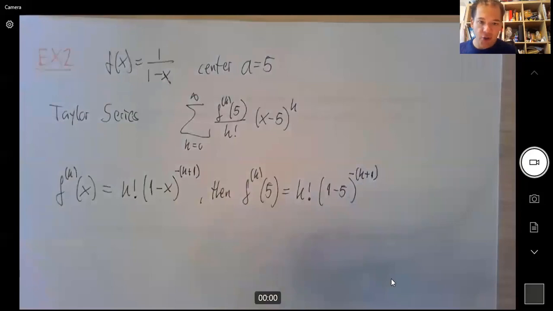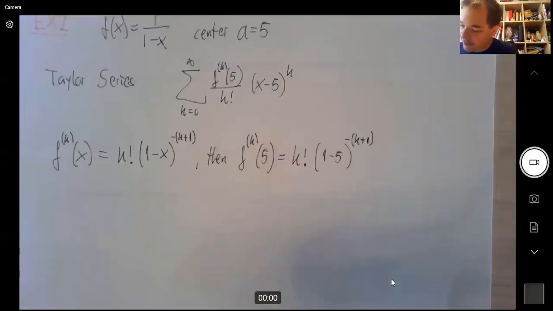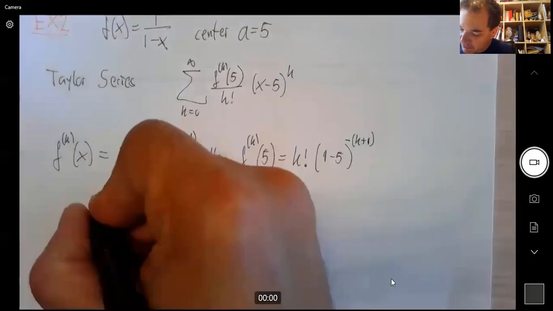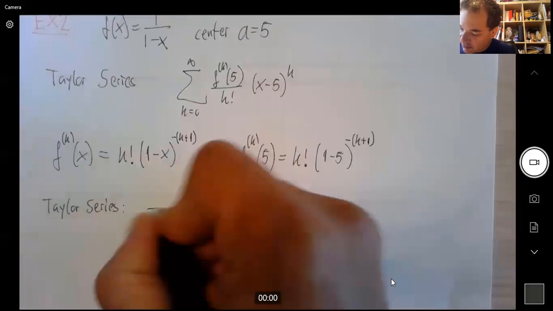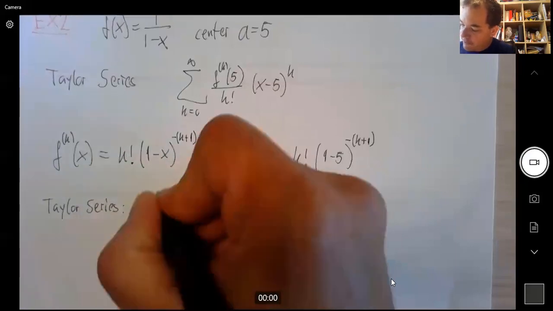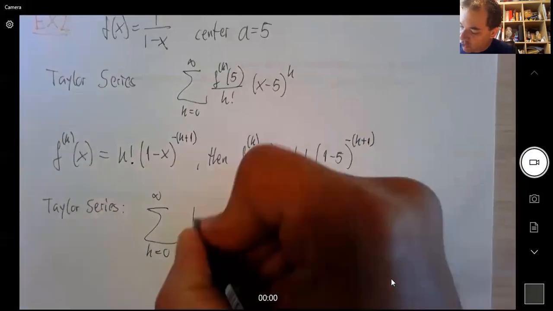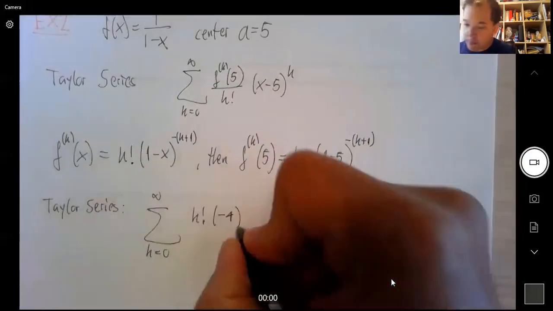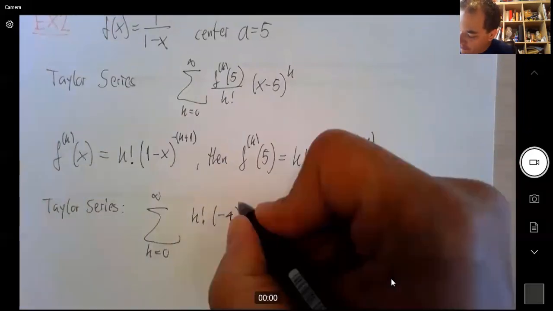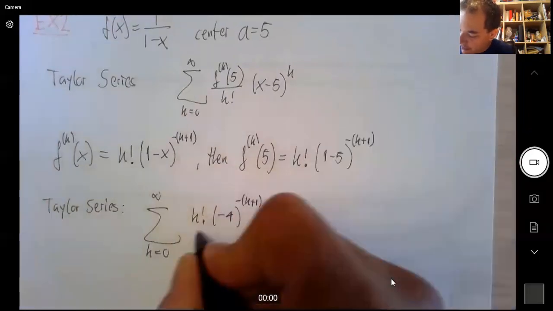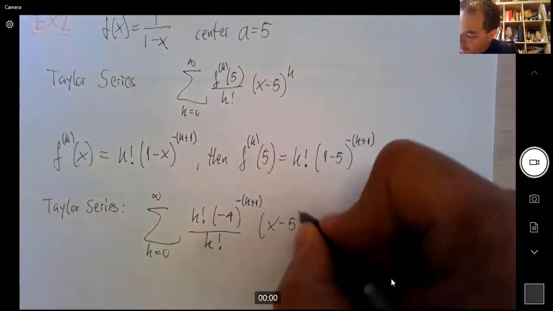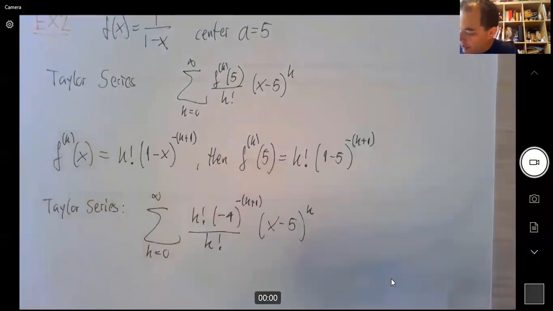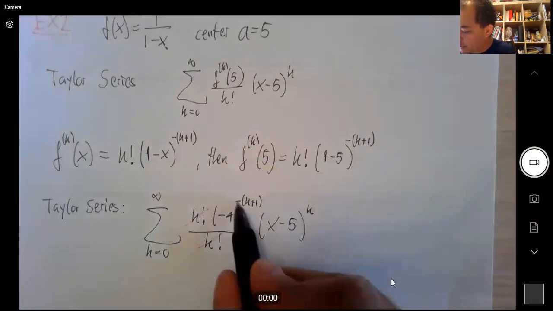All right? Good. So let's assemble our Taylor series. So here's our Taylor series. From 0 to infinity, this number, that's k factorial times negative 4, that's 1 minus 5, to the power negative k plus 1, divided by k factorial, times x minus 5 to the power k, right? Again, we can simplify these k factorials, they go away, and we can put this negative exponent down.